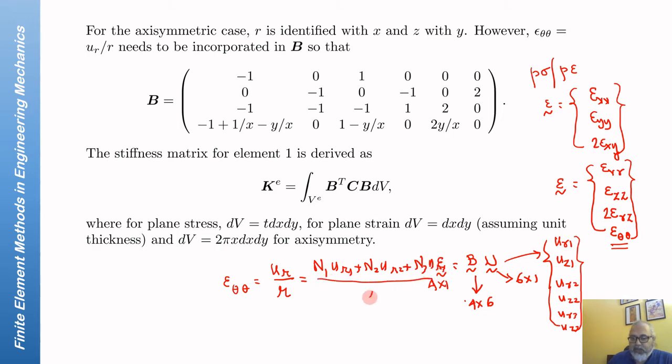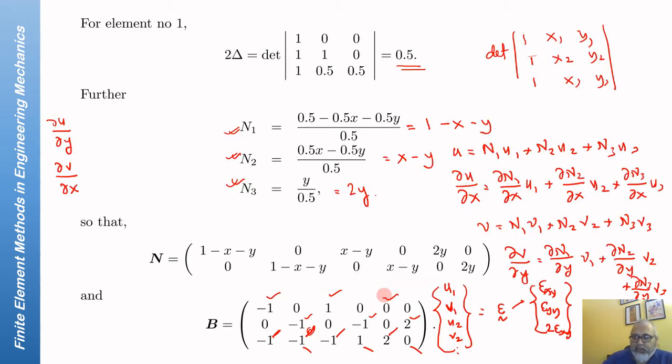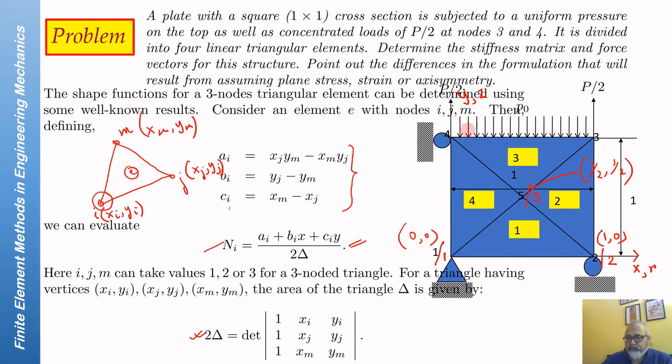divided by R. And now in our problem, this is the z-axis, so whatever is the x coordinate of a point is actually the r coordinate in our problem. So on element number 1, if this point has coordinates xy, we can interpret this as rz if this is an axisymmetric problem.